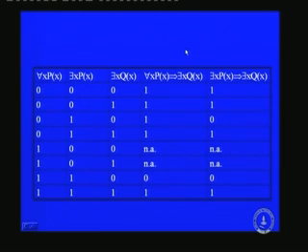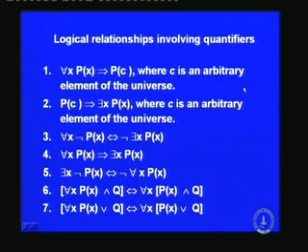So we have some logical connectives, logical relationships involving quantifiers. Let us look into them. Now you have this, for all of x, p of x implies p of c, where c is an arbitrary element of the universe. And if you have p of c, for some c, this will imply there exists x p of x.